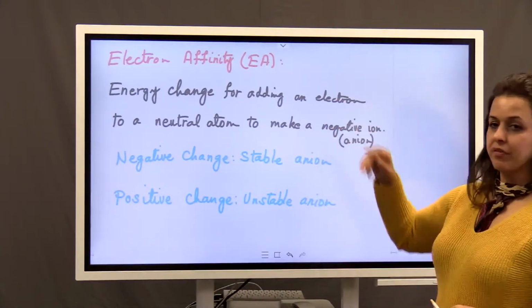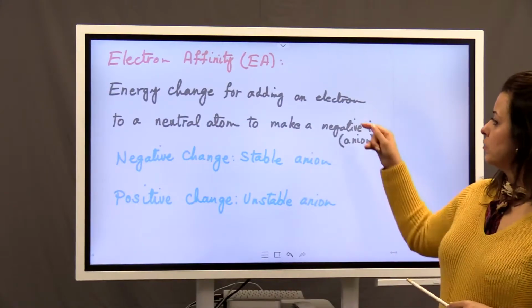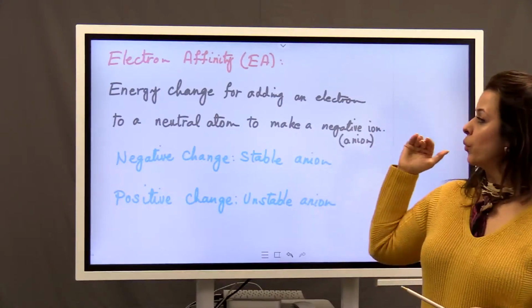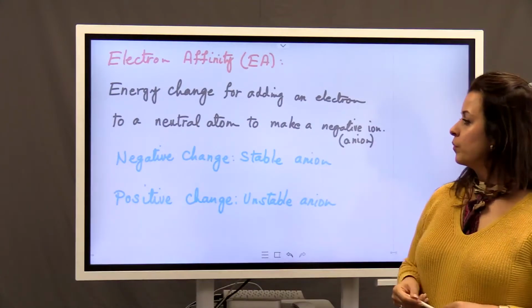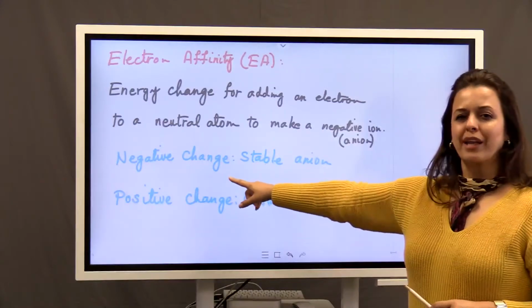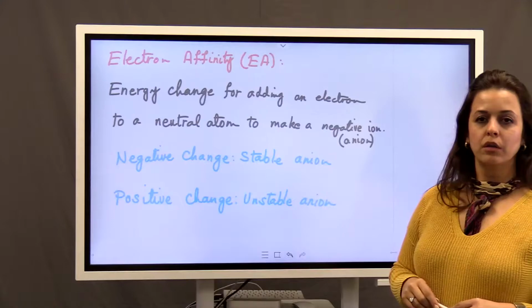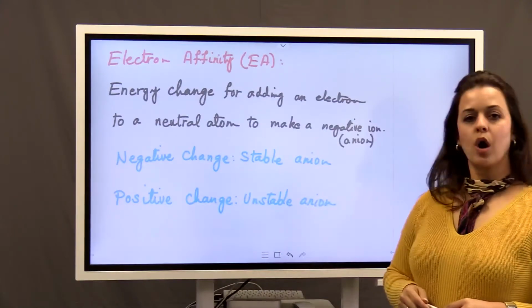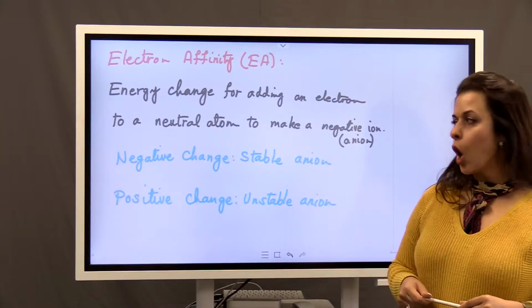So electron affinity, which we show with EA, is the energy change for adding an electron to a neutral atom to make an anion. The more negative the value means you're making a more stable anion. The more positive the value means you are making an unstable anion.